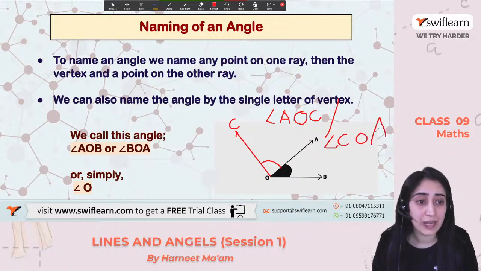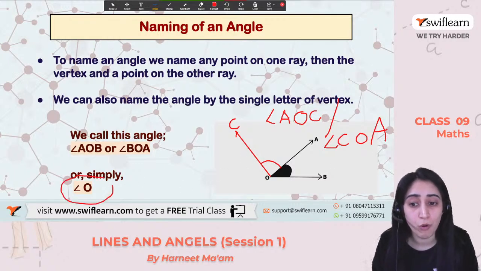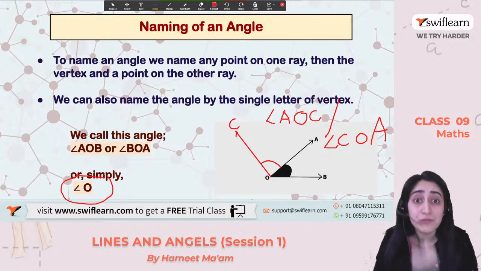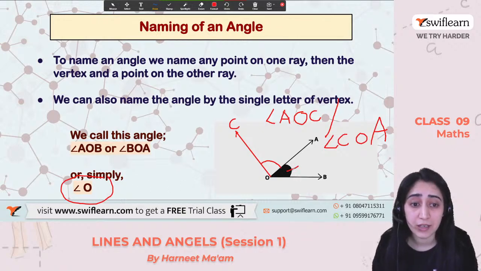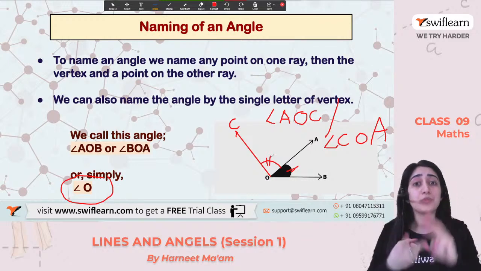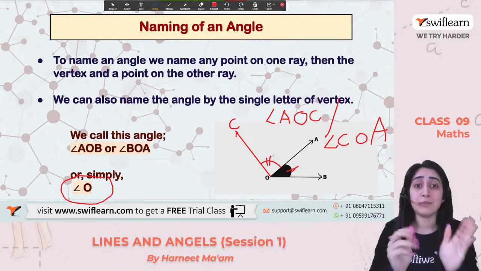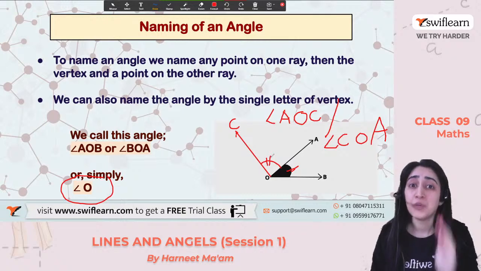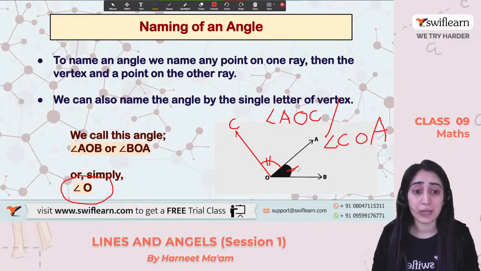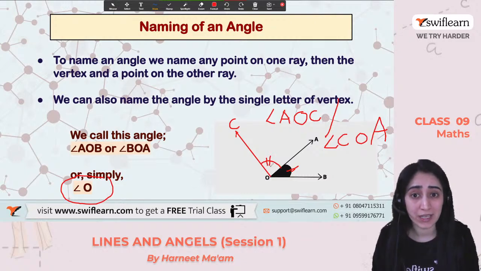COA. Now see, in this case, if I would have written simple O, then you would have got confused. Am I talking of this angle or am I talking of this angle? So by naming using three things and telling those arms, I'm able to know exactly which angle I am talking about. Am I talking about this angle, which is colored black, or the colored white angle?